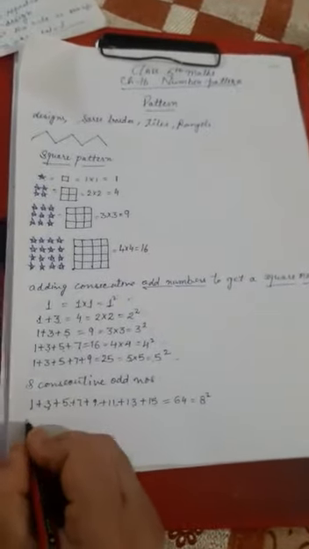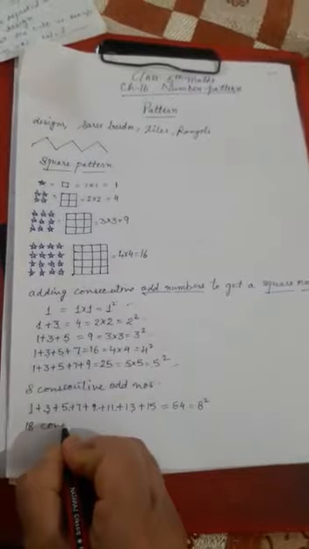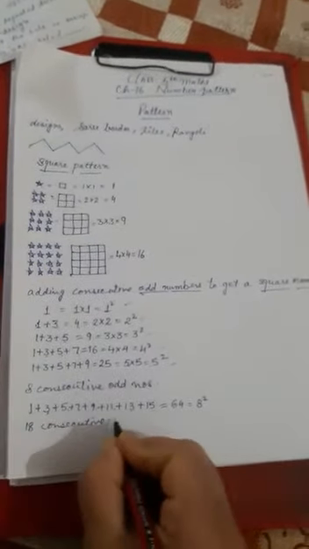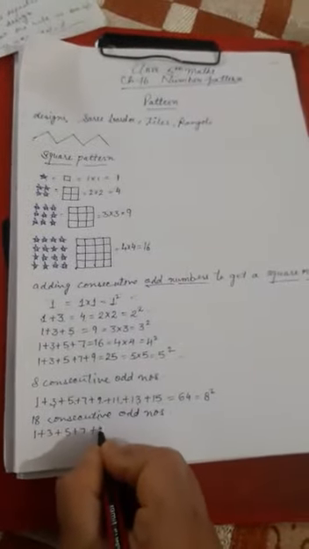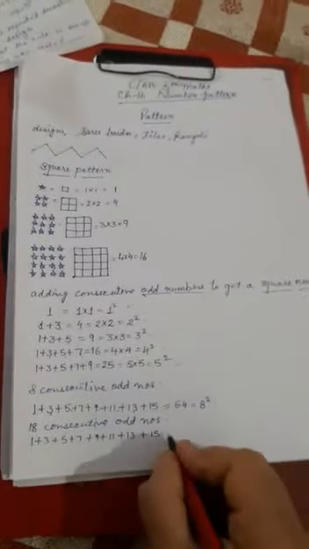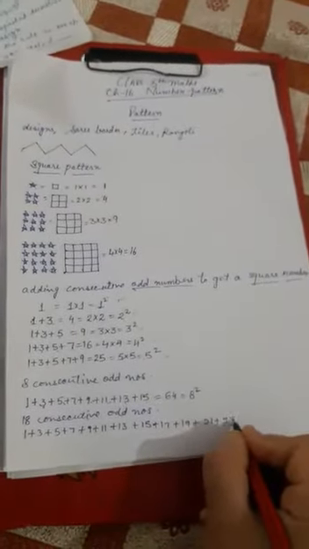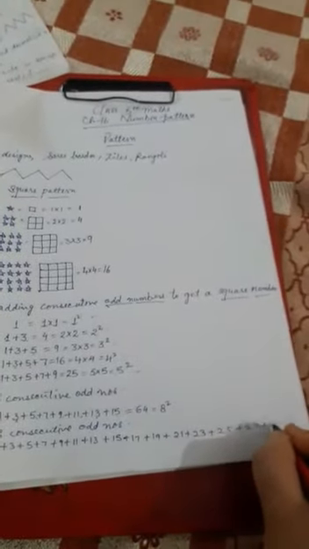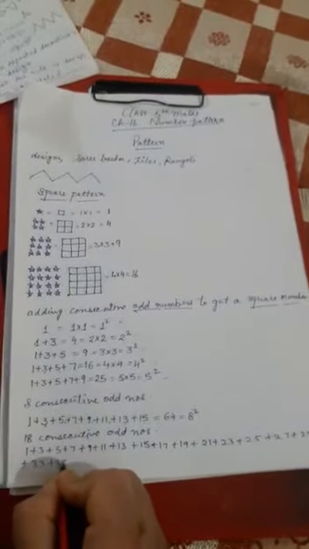Now take one more example. Now I am adding 18 consecutive odd numbers. 1 plus 3 plus 5 plus 7 plus 9, 11, 13, 15, 17, 19, 21, 23, 25, 27, 29, 31, 33 and 35.